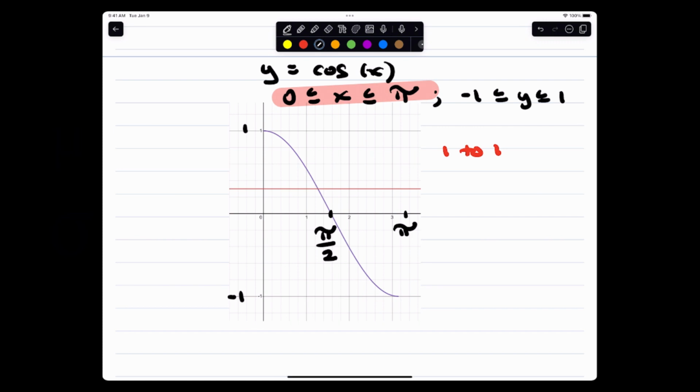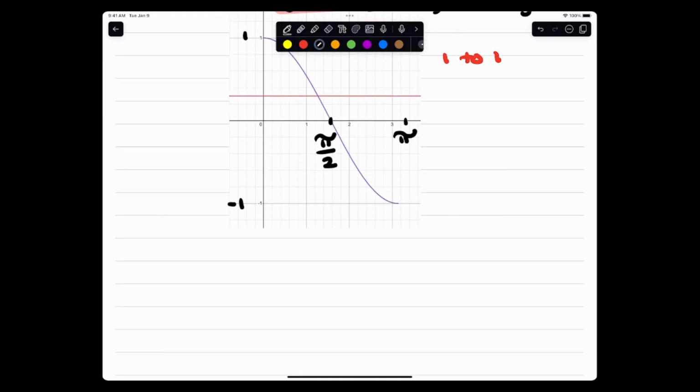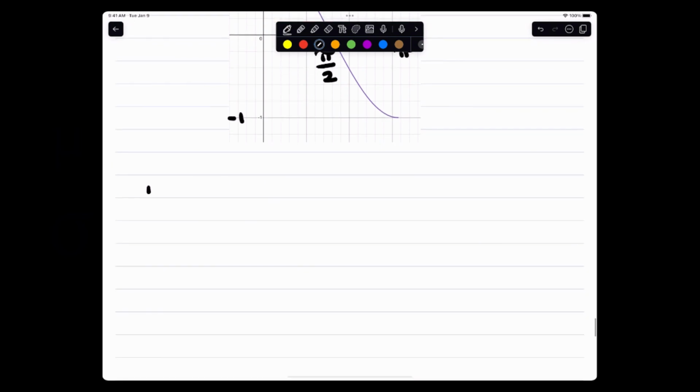So we have domain and range, so that when we switch this, I'm going to give you the definition of inverse cosine, the same process we had yesterday. Okay, so I'll give you a definition now.